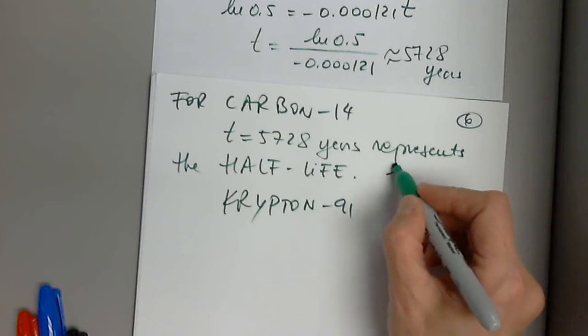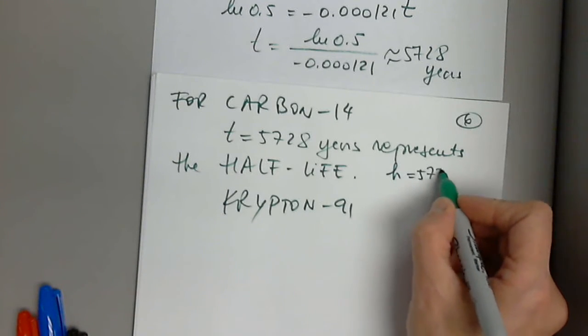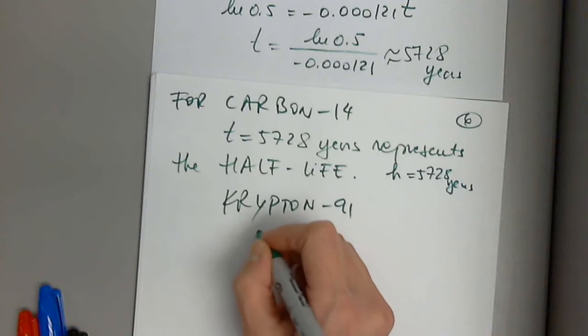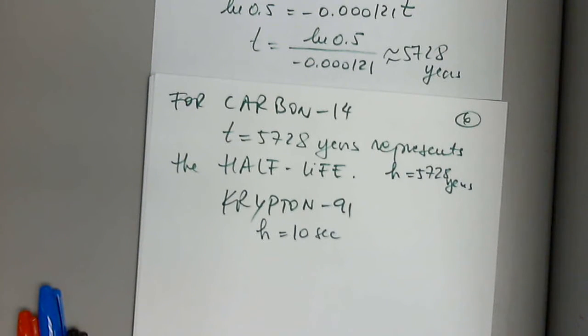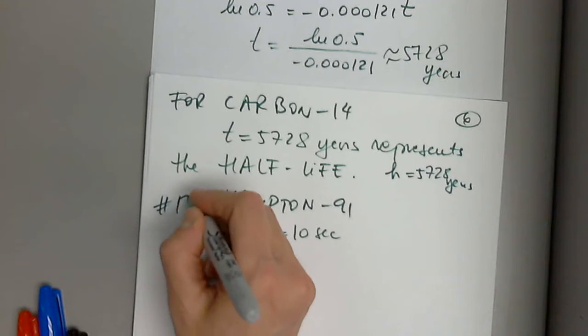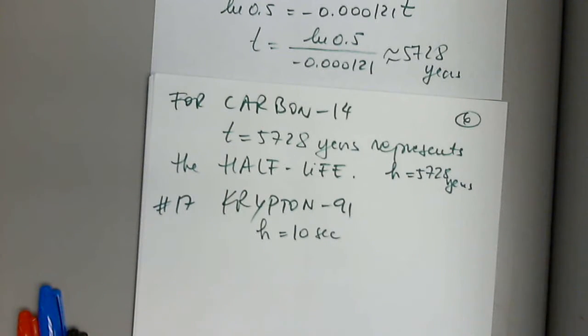So this second radioactive substance, krypton-91, has 10 seconds. See the difference? 10 seconds and 5,728 years. We cannot even think in those terms.